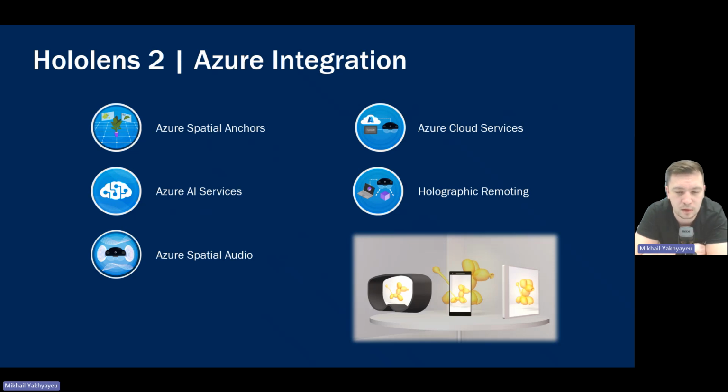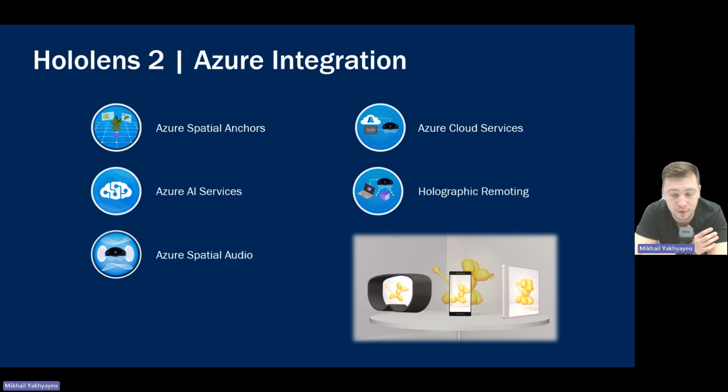So you can see that there is a picture on the bottom right, which has some kind of a puppy balloon, and this balloon can be seen on a number of devices, including those headsets and probably the Android phone and some kind of iPad or something like that.